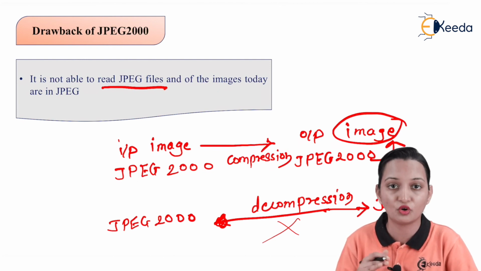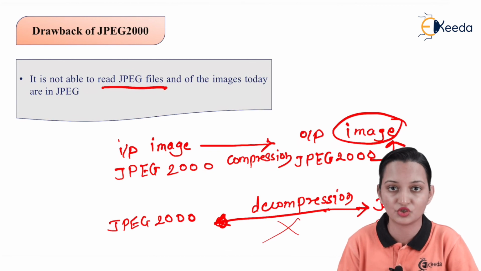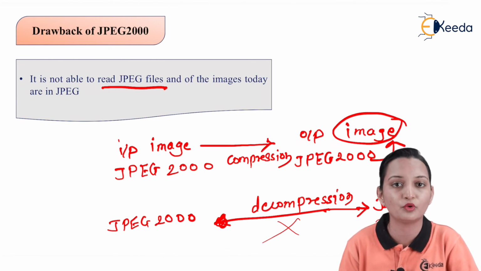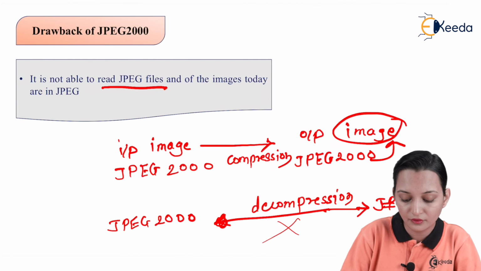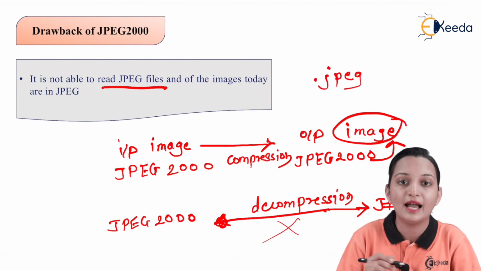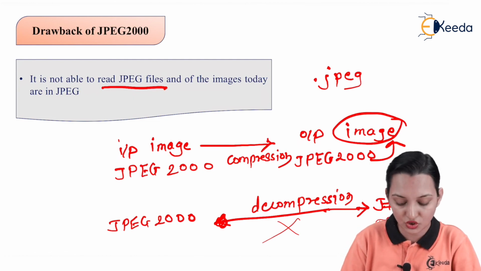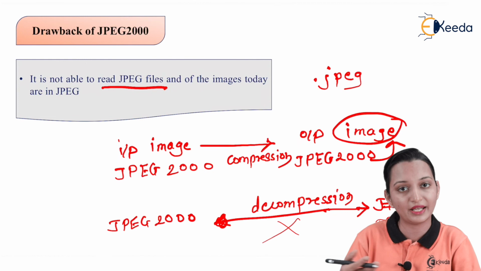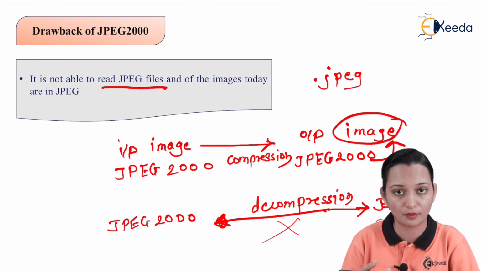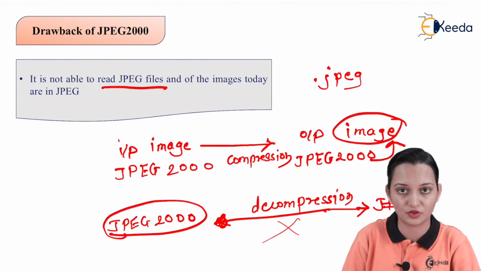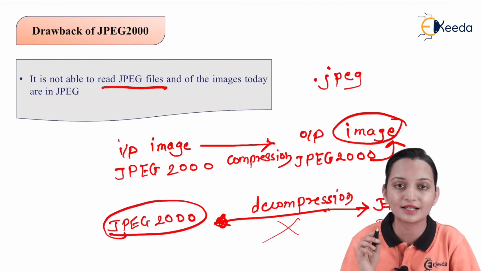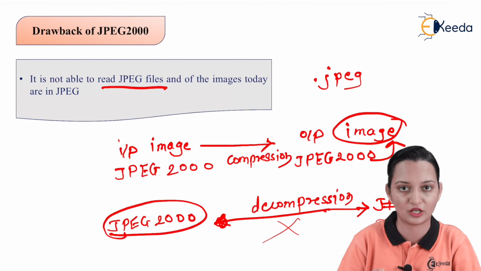And nowadays we all know that to store images in different formats we use the .jpeg format. Hence images today are in JPEG, and it is not possible to compress, operate on, or decompress them with JPEG 2000. This is the main and single drawback of JPEG 2000.